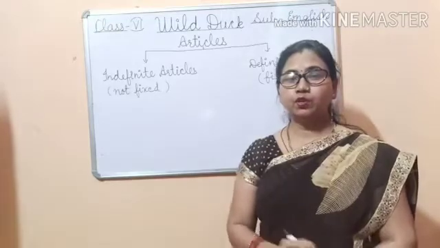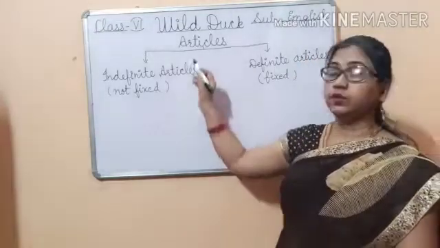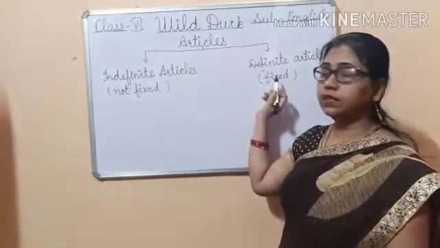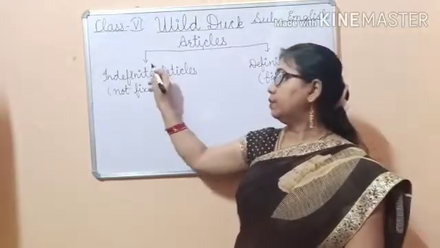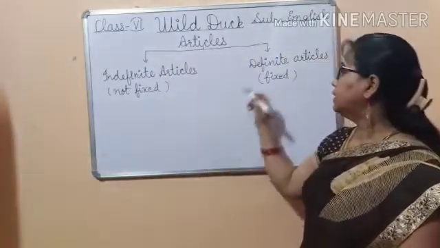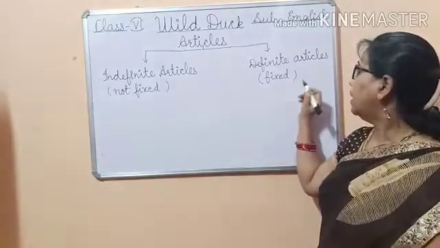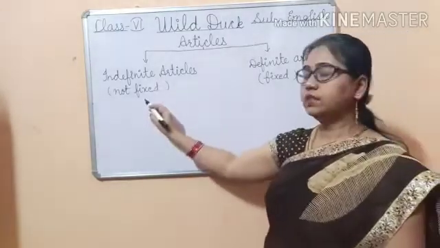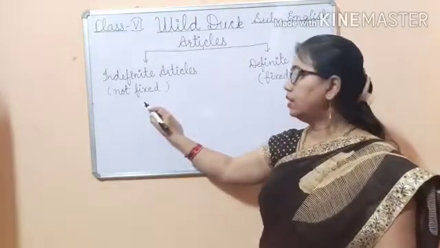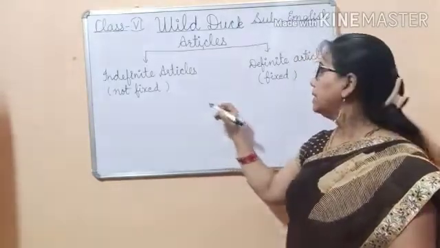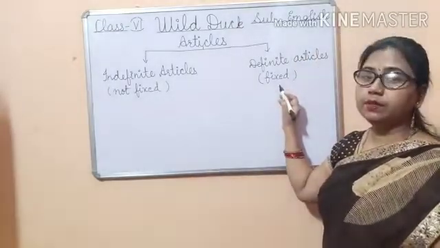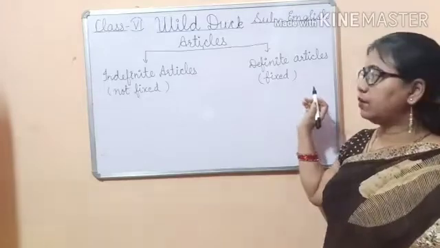I will only remind you. There are two types of articles. First is indefinite articles, number two is definite articles. Indefinite means not fixed in number, and definite means they are fixed.